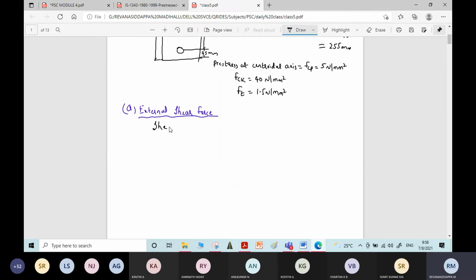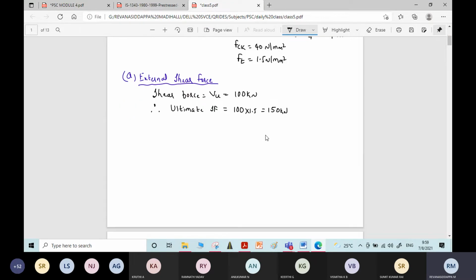The shear force given is 100 kilonewton. Therefore, the factored shear force, or the ultimate shear force, is equal to 100 into 1.5, which is 150 kilonewton. Okay, ultimate shear force.